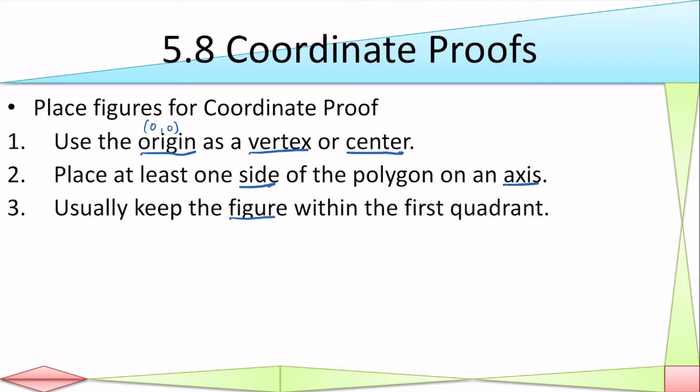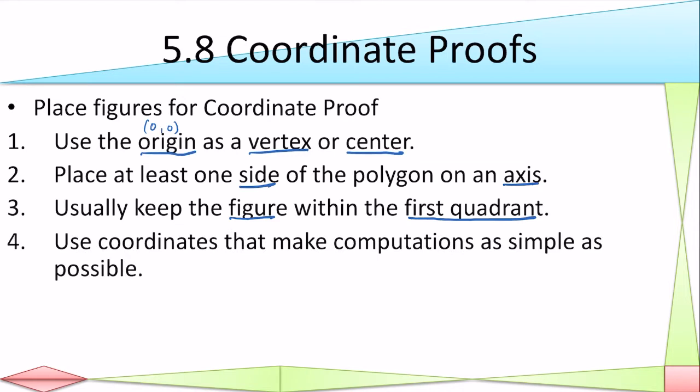Usually you keep the figure within the first quadrant. That makes all the numbers positive, and most students prefer positive numbers. And we're going to use coordinates that make computations as simple as possible. So that means we're going to try to set it up so we don't get things like fractions if possible.